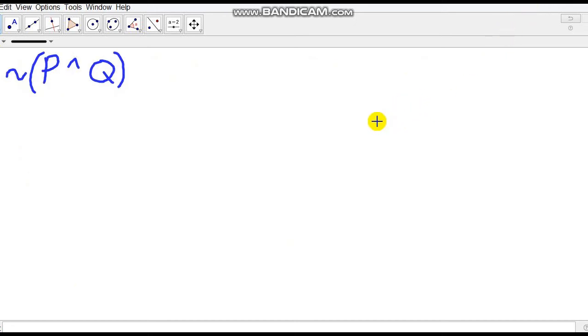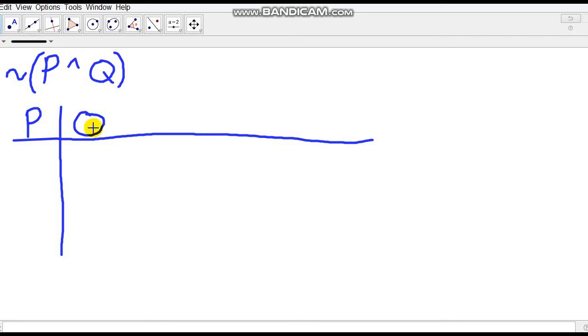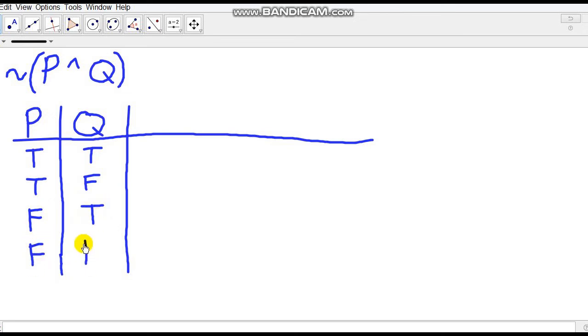Let's have an example here. Let's try to identify the truth value of the negation of P and Q. We'd like to know how we would determine the truth value of this proposition. So let's construct a table of values. We have P and we have Q. We know the combinations for P and Q: true true, true false, false true, and false false.